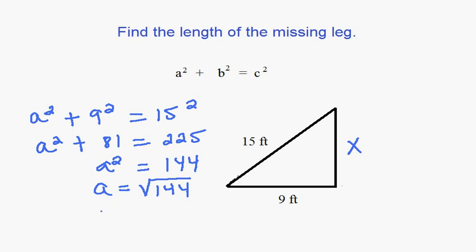Let's simplify. The square root of 144 is 12, and 12 is our answer. The length of leg A is 12 feet. 12 feet is our final answer.